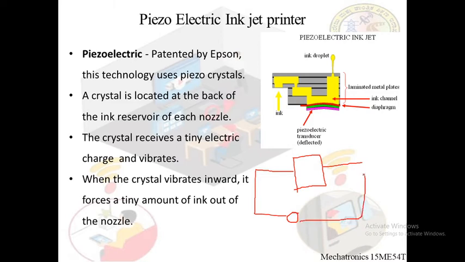That is, when connected across a potential difference, it starts vibrating, contracting and expanding repeatedly. This contraction and expansion, when controlled properly, can be used to push the liquid out from the nozzle. Here we have the nozzle wherein the liquid has to be pushed out in the form of droplets.